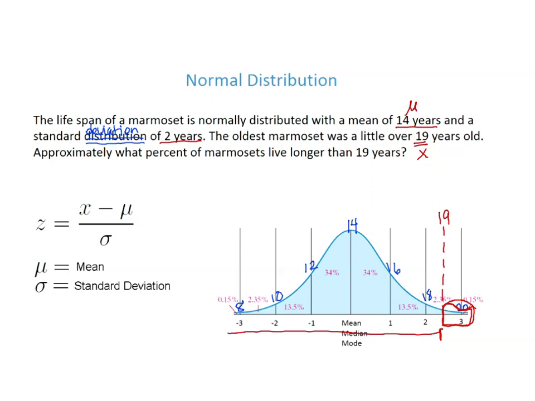And then we're going to divide by the standard deviation, which is this value here. So our z-score will be 19 minus the mean over the standard deviation, which will give us 5/2 or 2.5. So our z-score is 2.5.